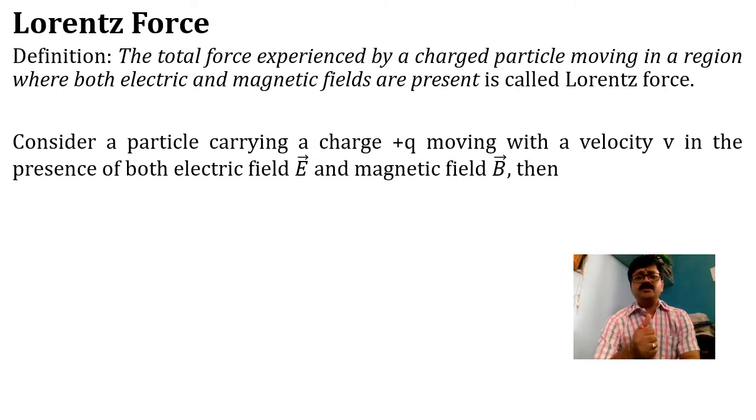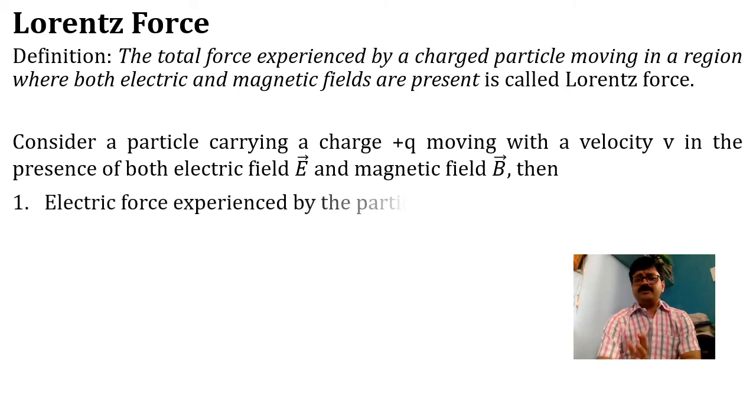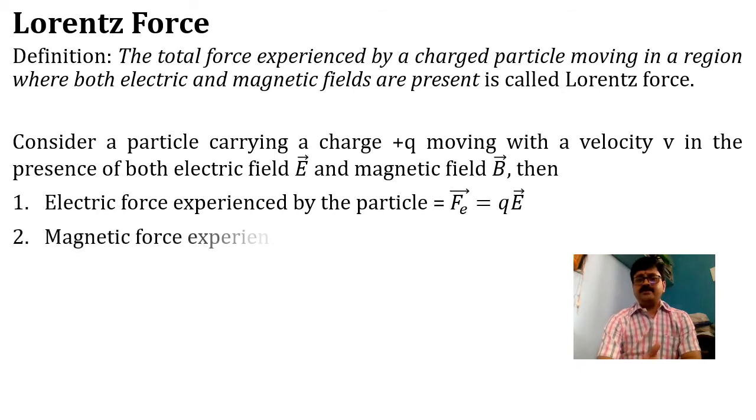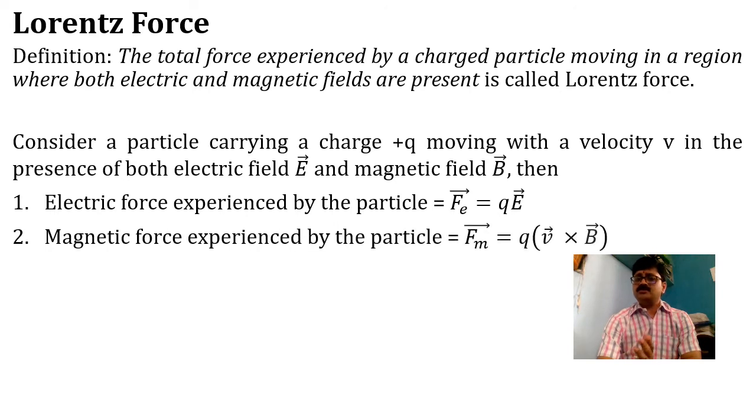The electric force experienced by the charged particle will be vector Fe equal to Q into vector E. Secondly, the magnetic force will be vector Fm equal to Q into vector V cross vector B.